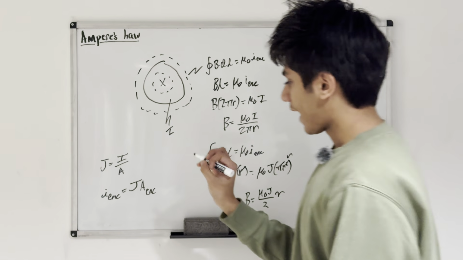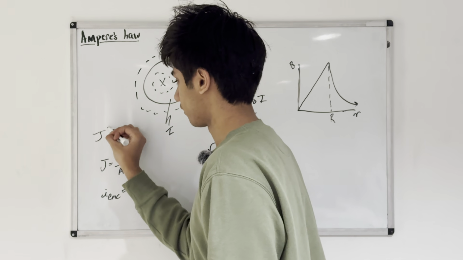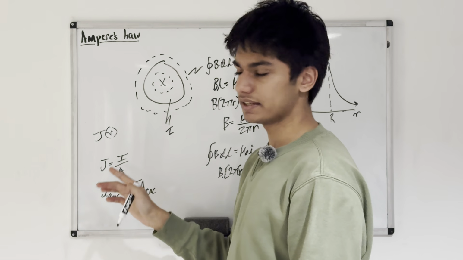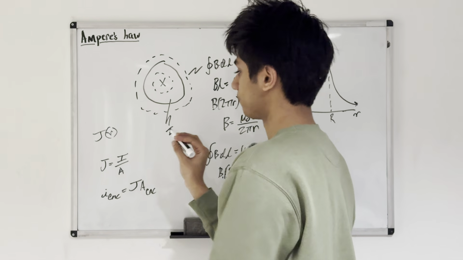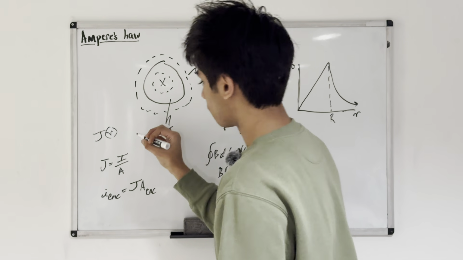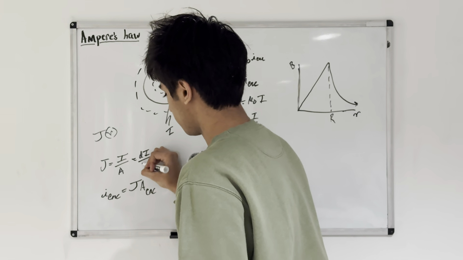And one more thing. If they give us some kind of function like J of r, this means our current density is not uniform, so we can't just do I enclosed equals J times A. What we have to do is integrate. So J is equal to dI over dA.